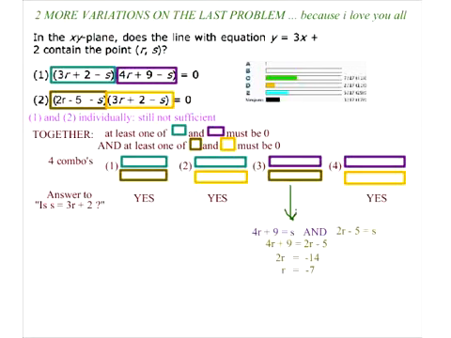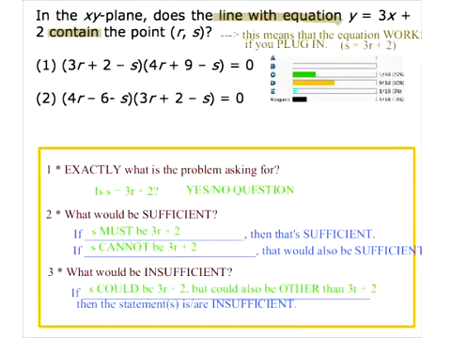What question are we trying to answer about these things? This is why you really, really have to set this stuff out right at the start of the game, because otherwise you're dead. We've got to come back to the question of: is S equal to 3R plus 2 or is it not? So we have this point and we need to judge whether 3R plus 2 equals S or not.